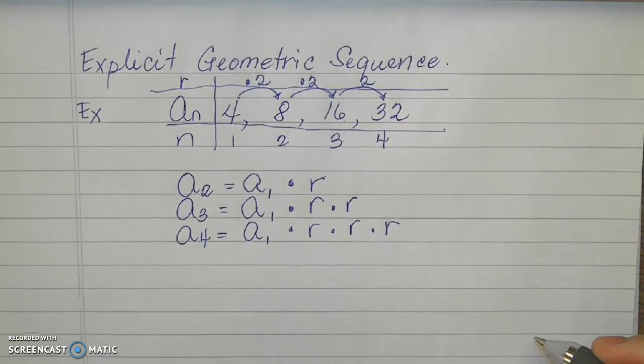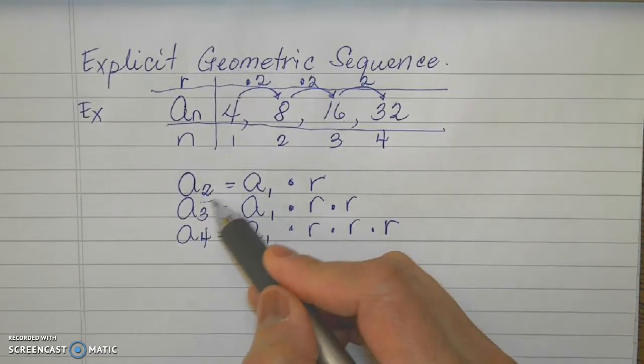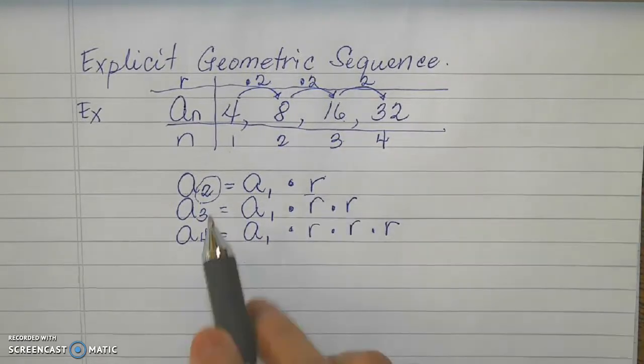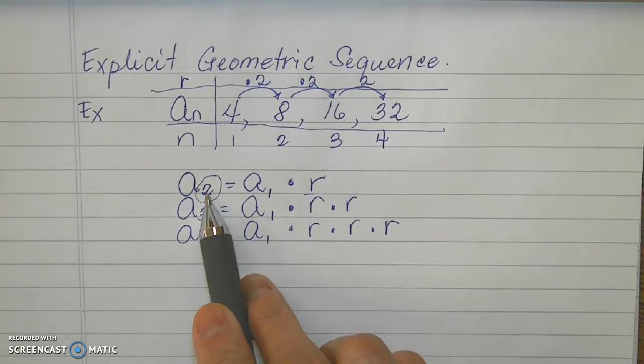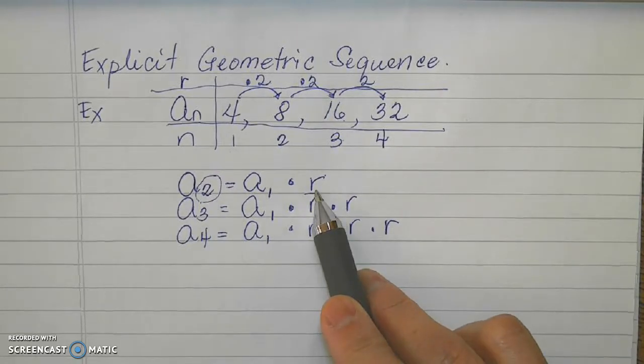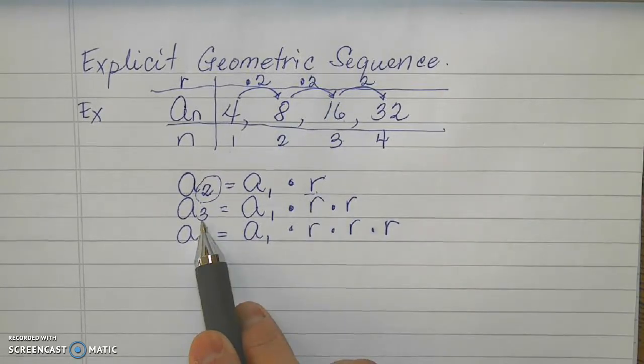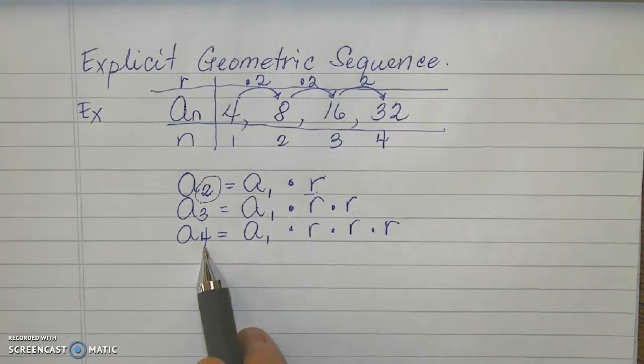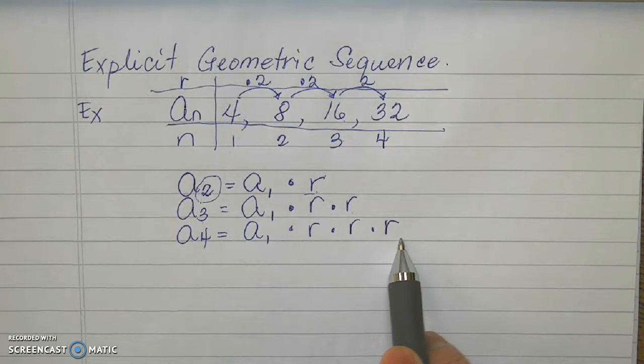So let's look at this. Notice that your position and your r are related. If you're in position 2, there is 1 r you're multiplying. If you're in position 3, there are 2 r's you're multiplying. If you're in position 4, there are 3 r's you're multiplying. So again, we're looking at something less than 1 here.